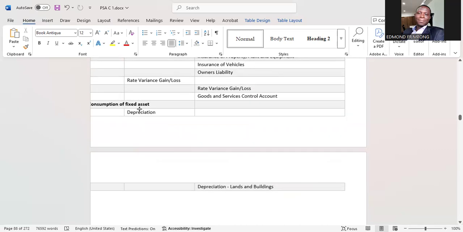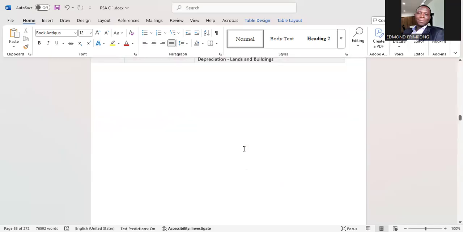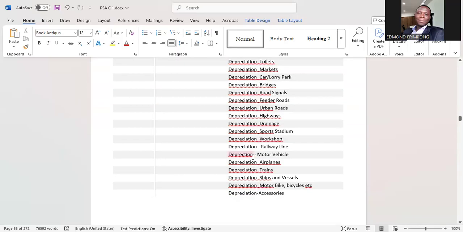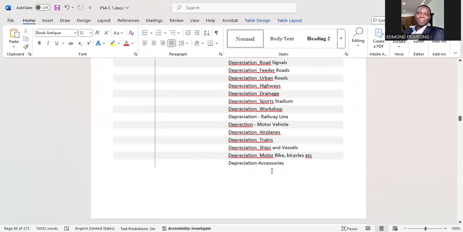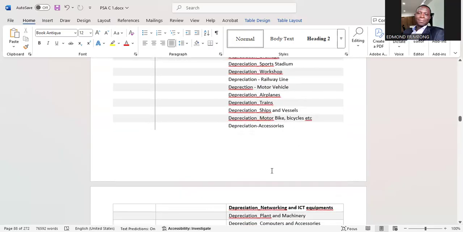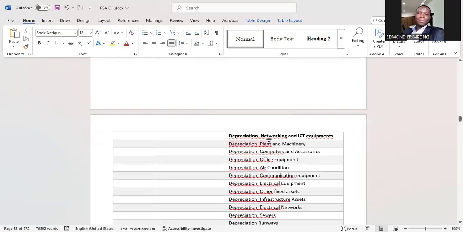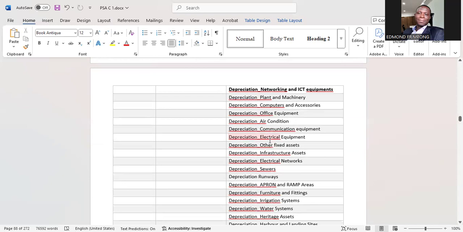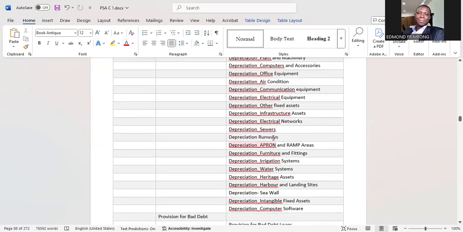So we've done three classifications of expenditure now: compensation, use of goods and services, and we are currently on consumption of fixed assets. All right. So any form of depreciation of airplanes, trains, ships, motorbikes that belong to government and all that. Then we have depreciation of networking and ICT equipment, all those kinds of office equipment and IT equipment.